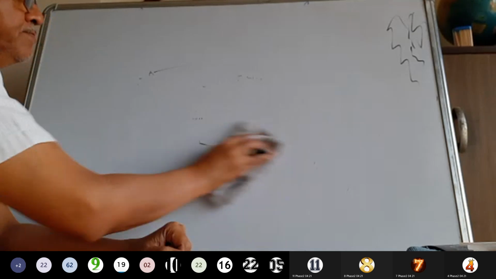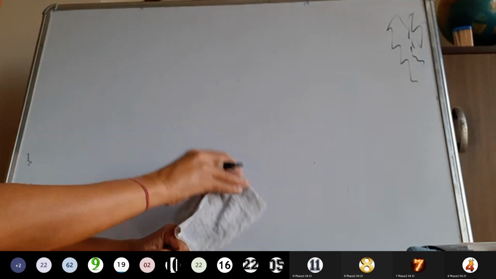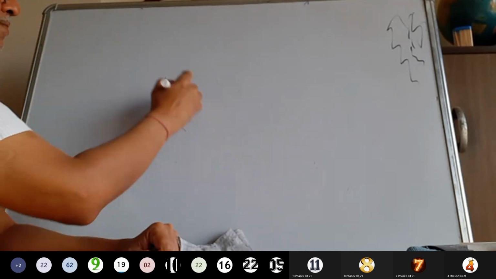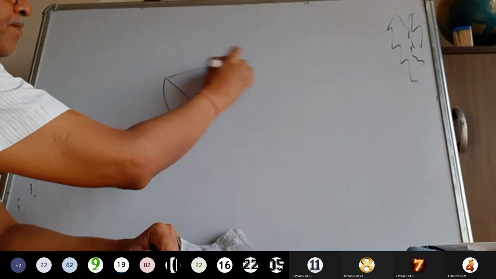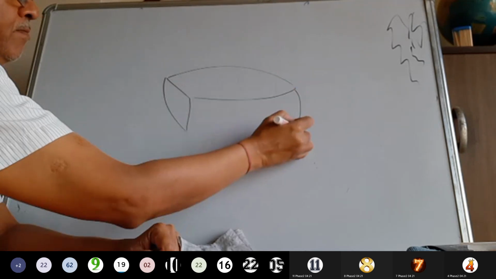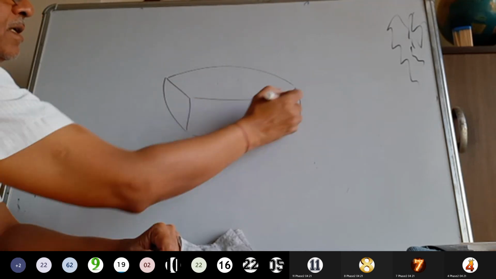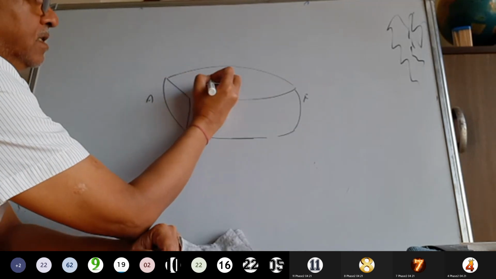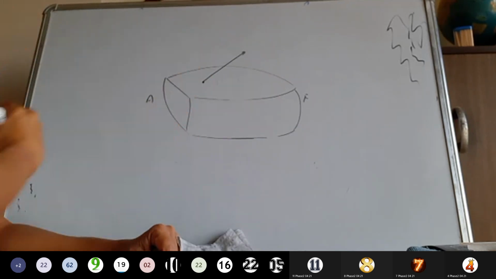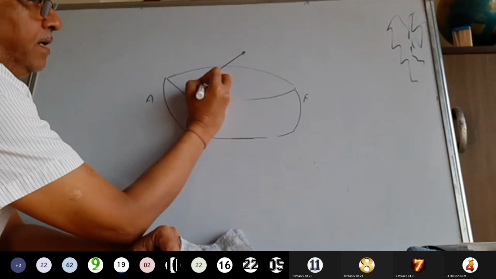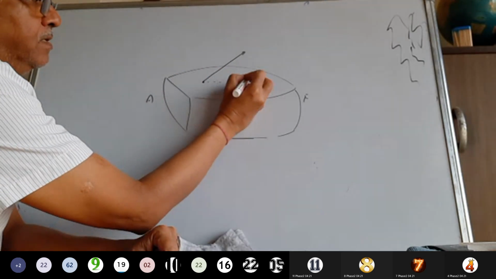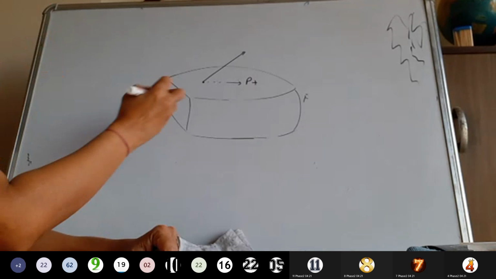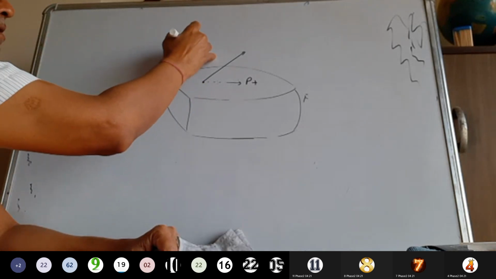But let us say the total force acting at the compass position, let us say this is forward and this is aft, was acting in this direction. In that case, this is the fore and aft horizontal component, this is P, so it is positive. What about the athwartship horizontal component?